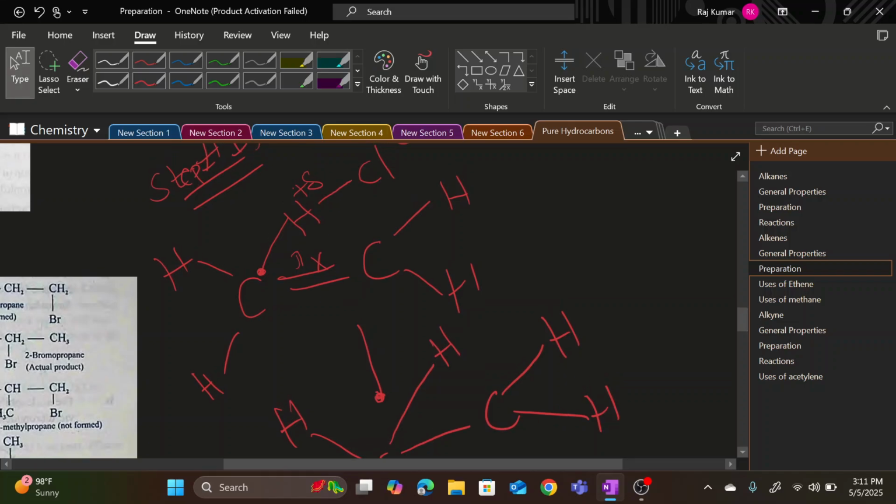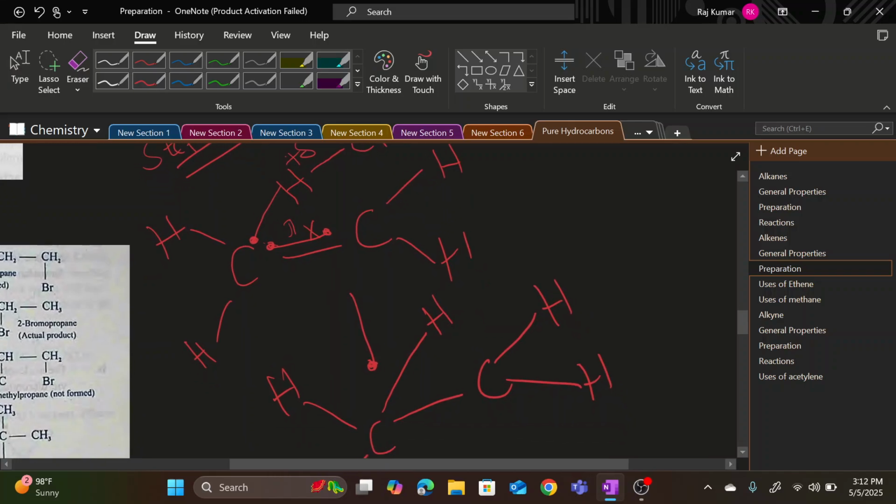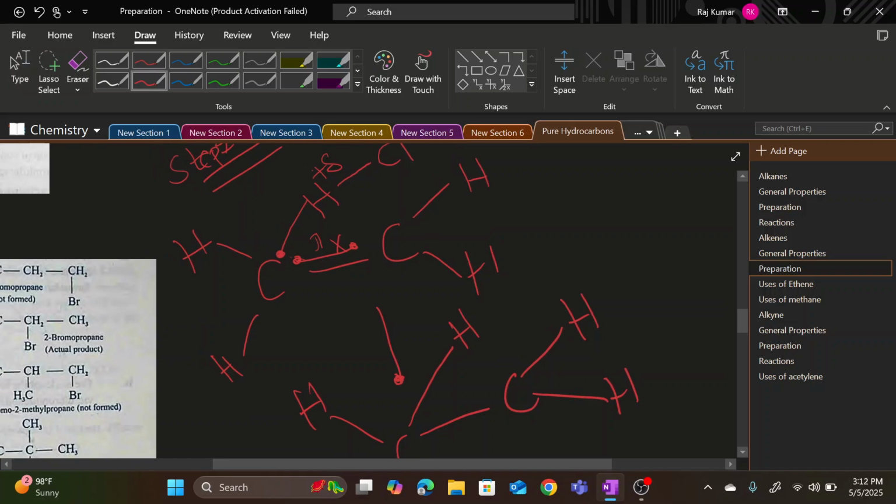There were two electrons right over here. It broke the pi bond, and both of the electrons were taken by the hydrogen.